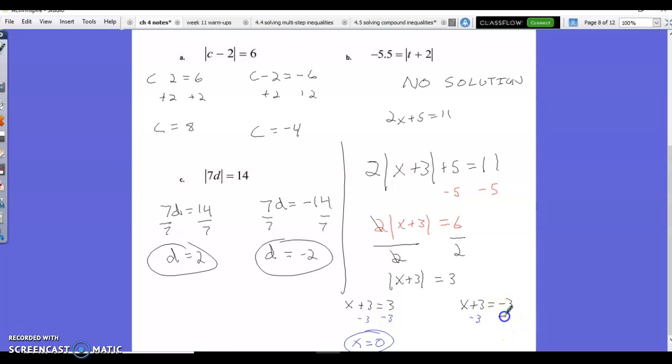Subtract 3 from both sides. X equals -6 for my other answer. So these are the two values for x that if I plug them in, make that equation equal positive 11. All right, so these can be a little bit tedious, but a little bit of work. But if you follow your inverse operation rules, really the one adjustment is to set two separate equations and then go forward from there.